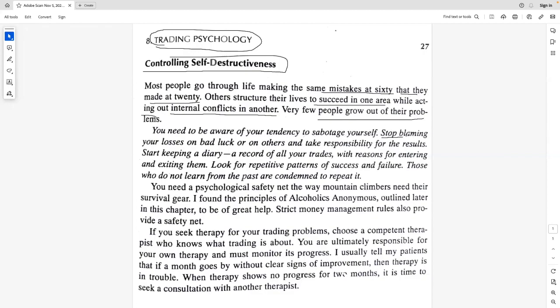Stop blaming your losses on bad luck or on others and take responsibility for the results. Start keeping a diary, which most of us don't do, a record of all your trades with reasons for entering and exiting them. Look for repetitive patterns of success and failure. Those who do not learn from the past are condemned to repeat it.